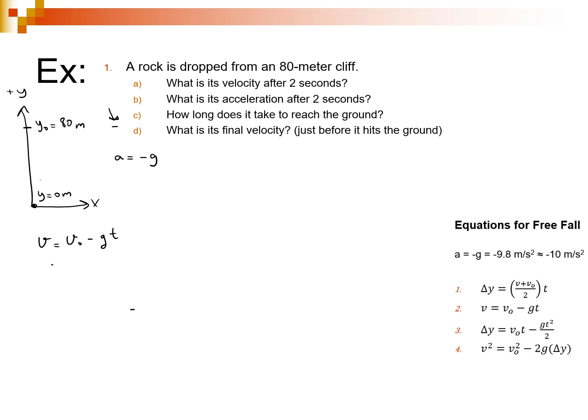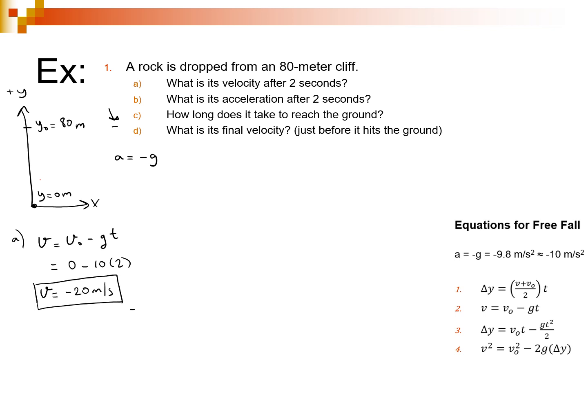And the original velocity is 0 because it's just dropped from rest. Minus, let's use g as 10 for simplicity purposes, and 2 seconds. So our final velocity in this case is going to be negative 20 meters per second. And the negative sign of the velocity means it's simply pointing downward. So this is part A.